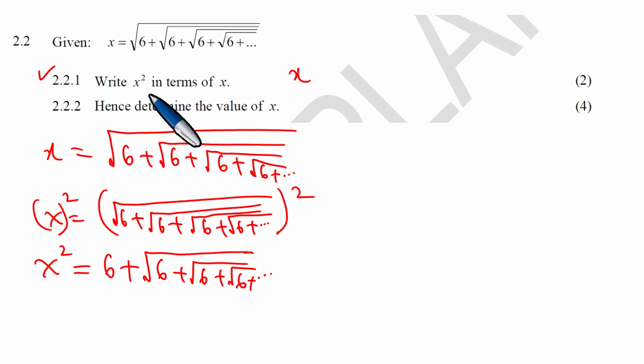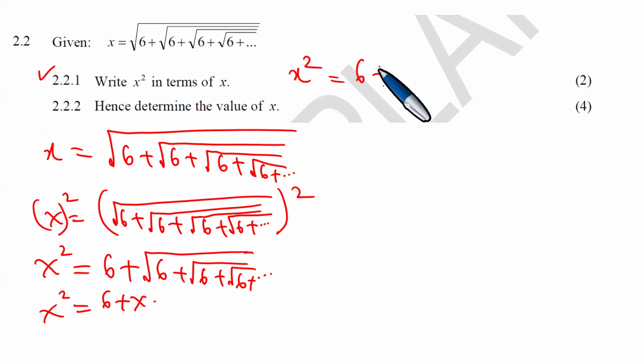Now you know that the square root of 6 plus the square root of 6 plus the square root of 6 equals x, and therefore x squared equals 6 plus x. So write x squared in terms of x: this is actually x squared equals 6 plus x, and that's therefore the answer to 2.2.1.